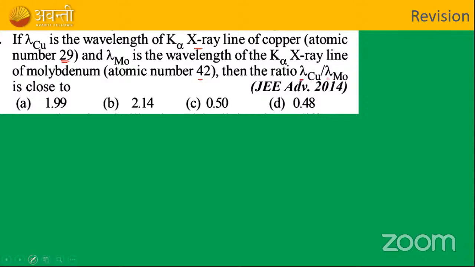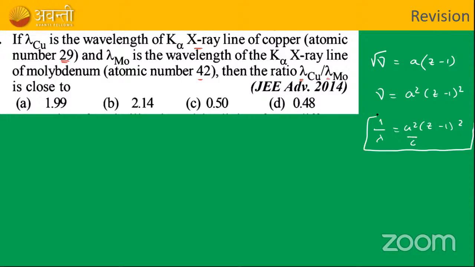If you remember, according to Moseley's law, root of frequency is equal to a into (Z minus 1). Taking square on both sides, I get frequency is equal to a squared into (Z minus 1) whole squared, or C by lambda is equal to a squared into (Z minus 1) whole squared, or I'll bring the C to the denominator. This is the expression which I know.